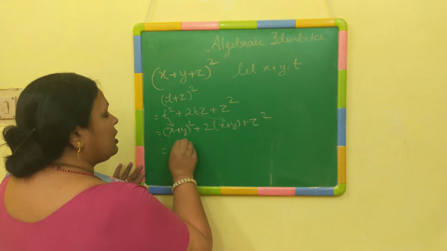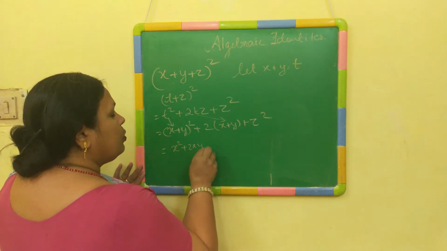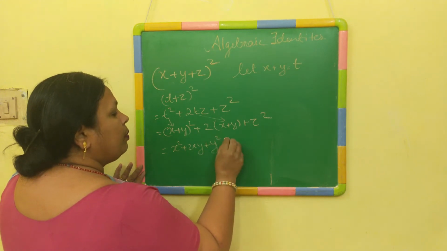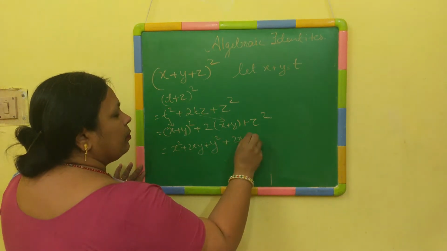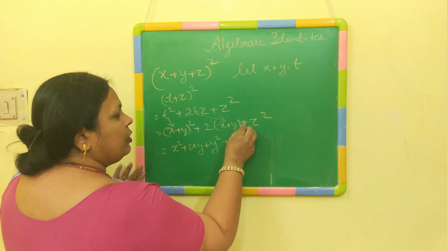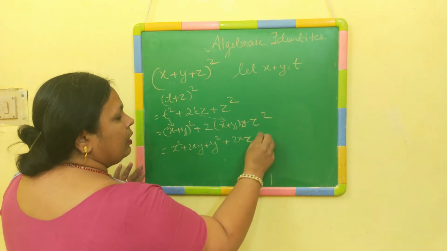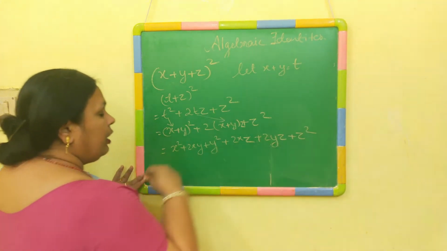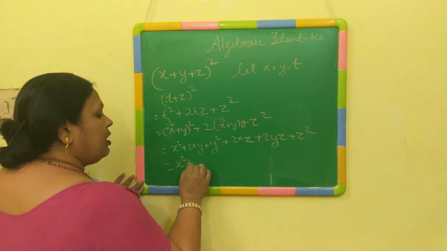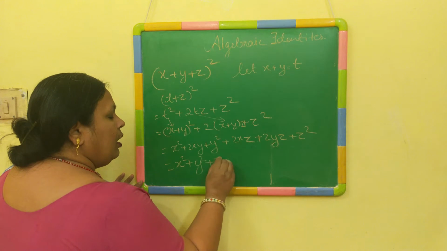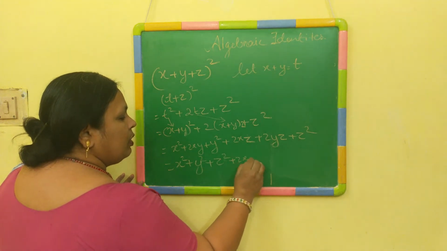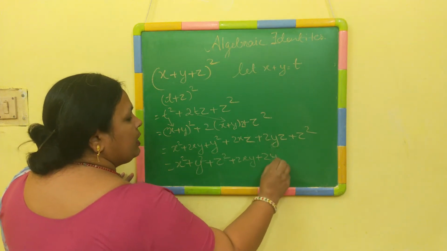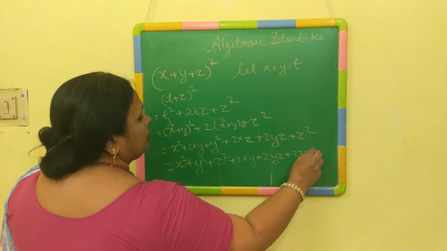We are getting it as x square plus 2xy plus y square plus 2x, we have z also here, so 2xz plus 2yz plus z square. Arranging it properly, it becomes x square plus y square plus z square plus 2xy plus 2yz plus 2zx.